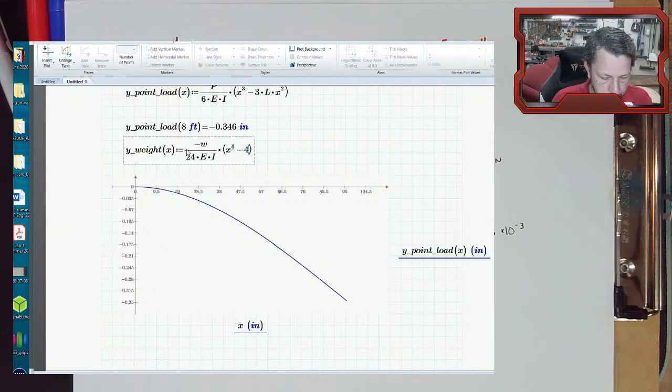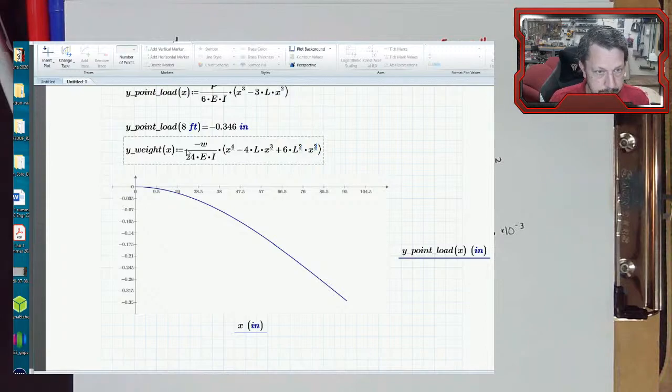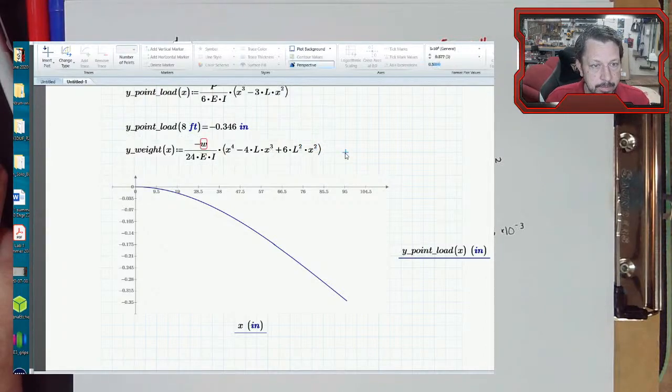Minus 4 times L times x cubed, plus 6 times L squared times x squared. I think that's it.